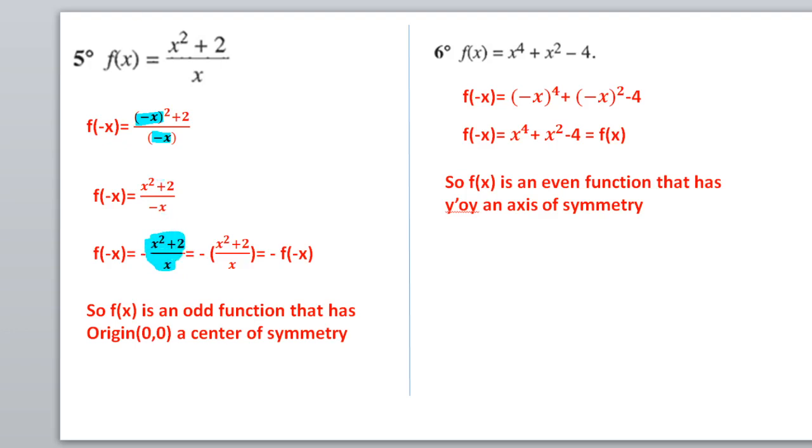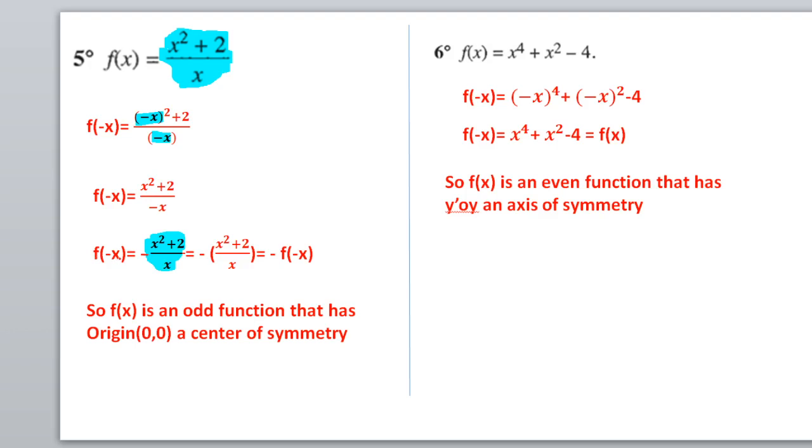Compared to the first one, is it the same but with a negative sign outside? Yes, it's the same: x squared plus 2 over x but with a negative sign here. So it's equal minus f of minus x, meaning opposite of each other. Okay?